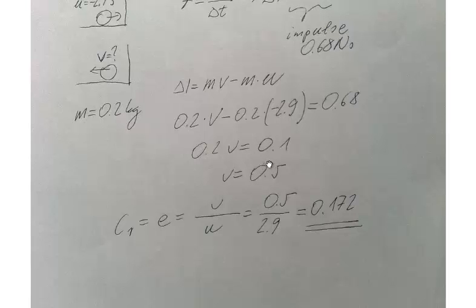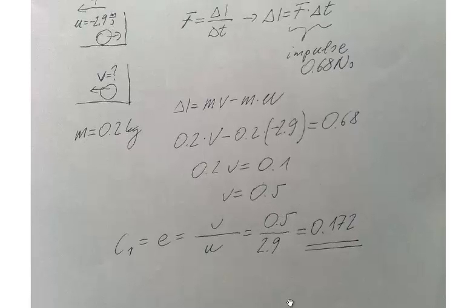So the coefficient of restitution, these are magnitudes, so it's 0.5 over 2.9, it's 0.172.